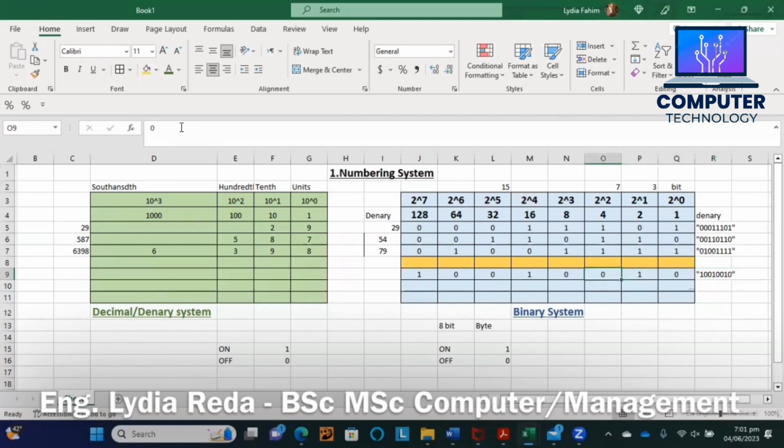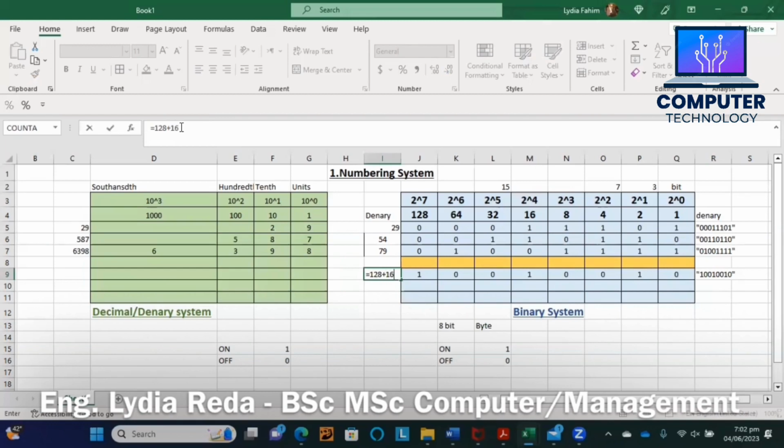So what is the analogous denary number? It is the multiplication of these values by these coefficients. So 1 times 128 is 128. So it's 128 plus 0 times 64 is 0. 0 times 32 is 0. So I will not consider the 0. But I have 1 times 16 is 16.